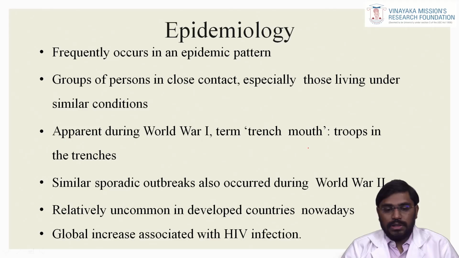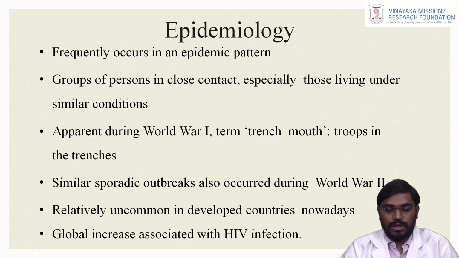Coming to the epidemiology, it frequently occurs in an epidemic pattern among groups of persons in close contact, especially those living under similar conditions. This was seen in World War I, termed trench mouth, where troops were first diagnosed. Similar sporadic outbreaks also occurred during World War II; it is relatively uncommon in developed countries nowadays.